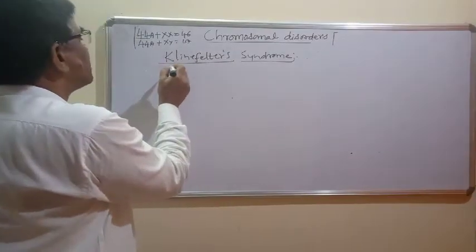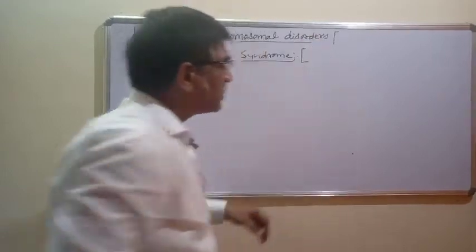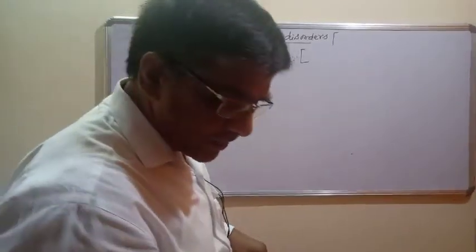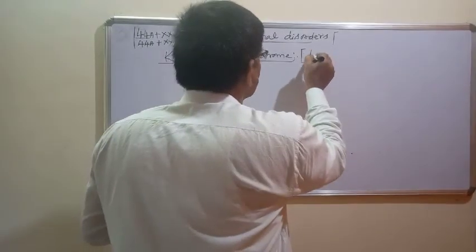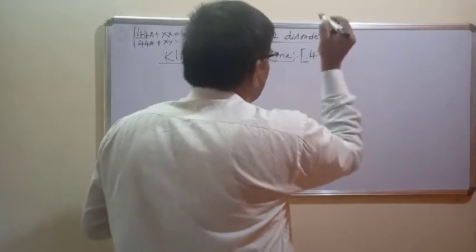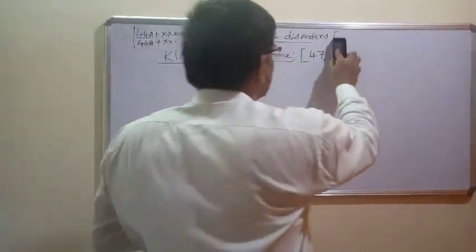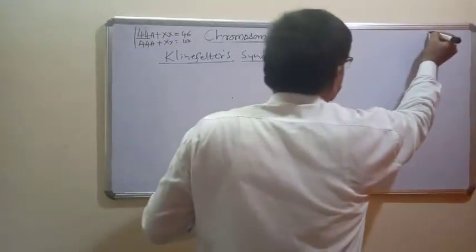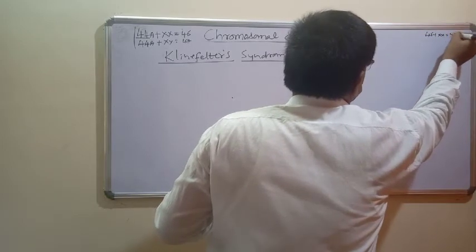In this Klinefelter syndrome, as I already told you, I am writing the chromosomal complement or karyotype in front of the name of this disease. So in Klinefelter syndrome, it will have 47 chromosomes also. In Down syndrome also they have 47 chromosomes, where 45 plus XX is equal to 47.